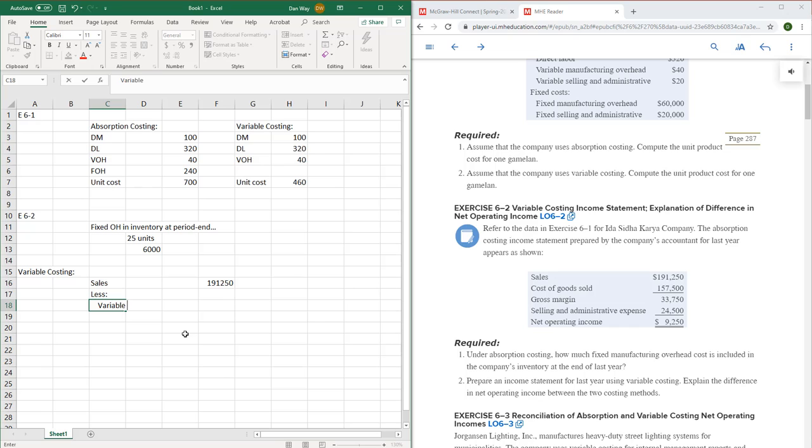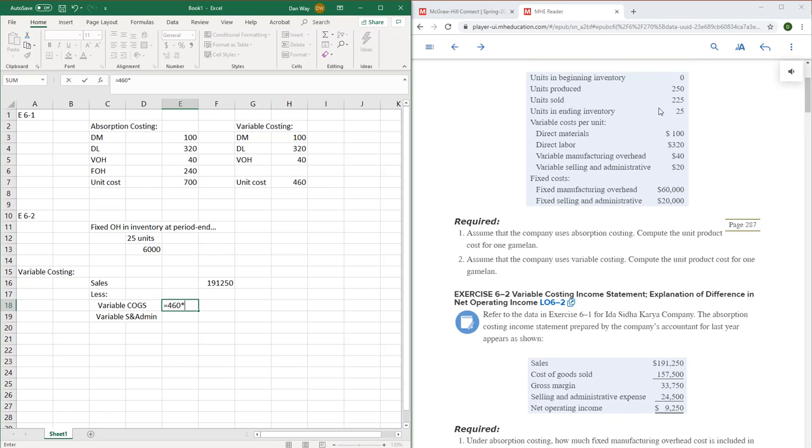Let's say variable cost of goods sold, as well as variable selling and admin. Now that variable cost of goods sold would be the unit product cost under variable costing, the $460, times the number of units sold, which again was 225.